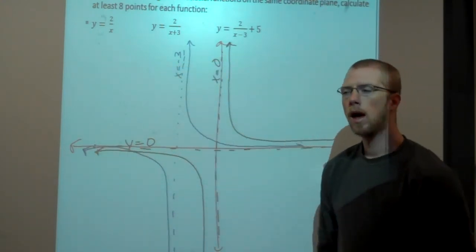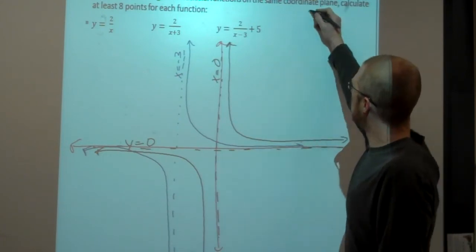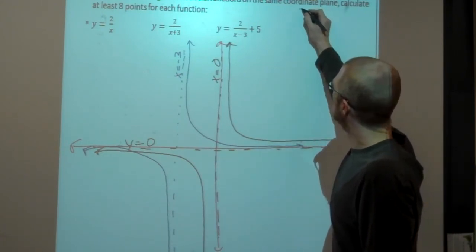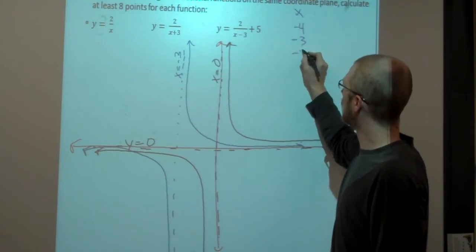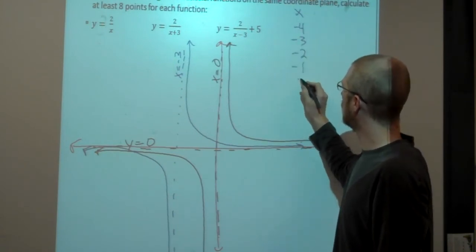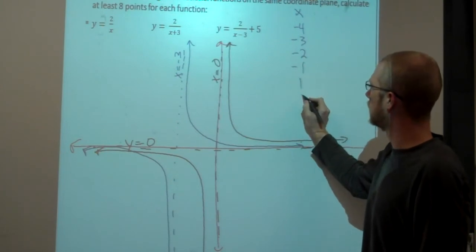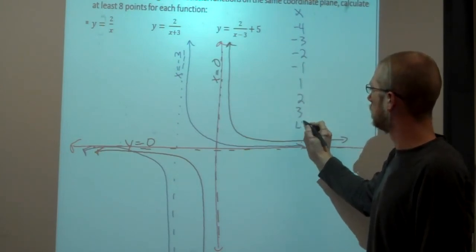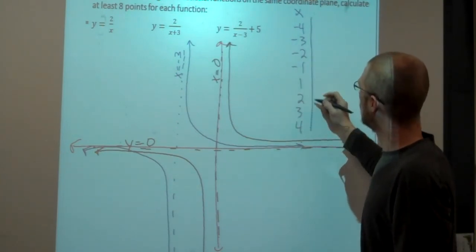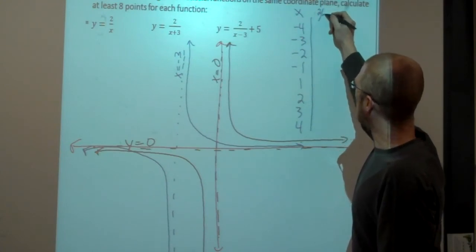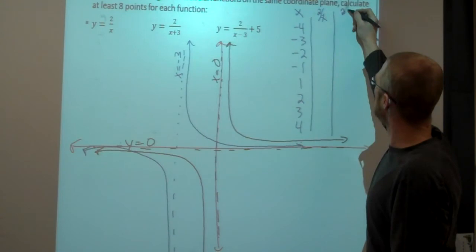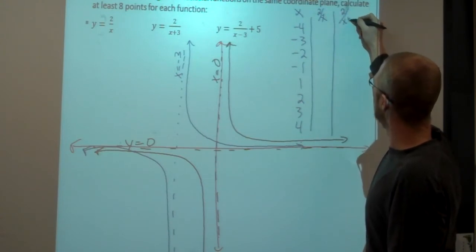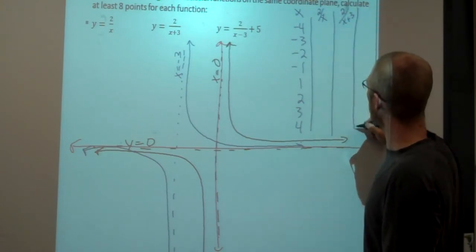Now, how would I go from my x's of -4, -3, -2, -1, we know 0 is undefined, 1, 2, 3, 4, in 2 over x to 2 over x plus 3?